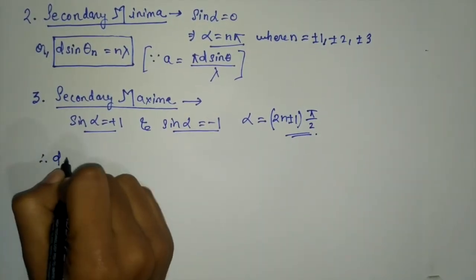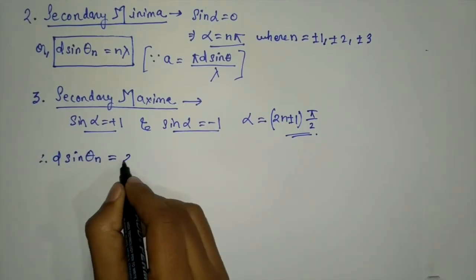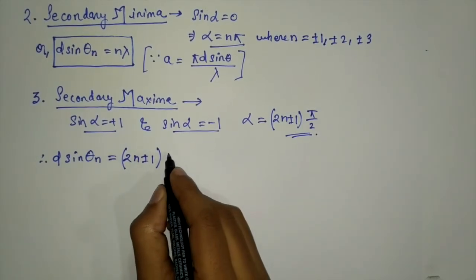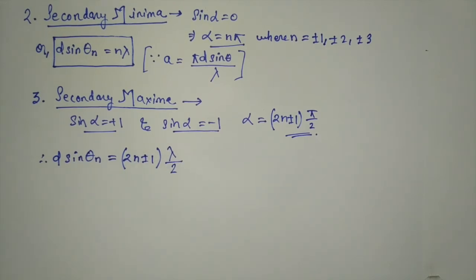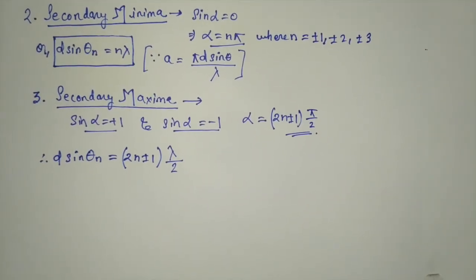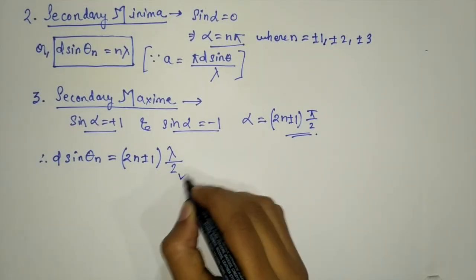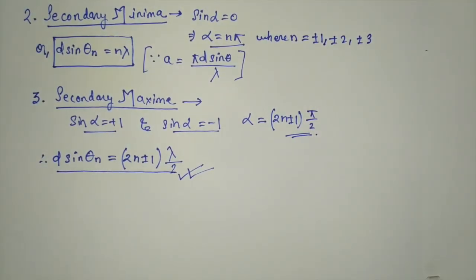Therefore, we can say that d sine theta n will be equal to 2n plus minus 1 multiplied by lambda by 2. So this will be the condition for secondary maxima to occur.